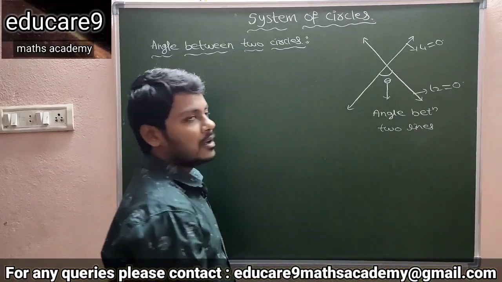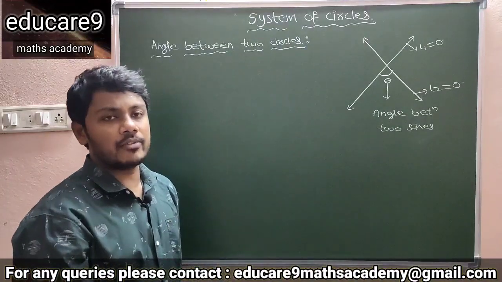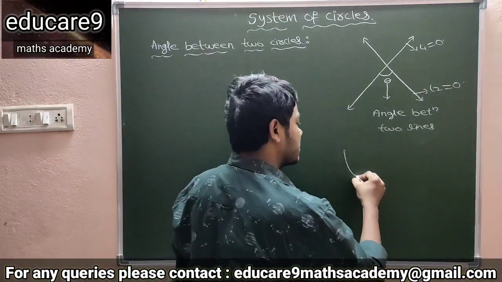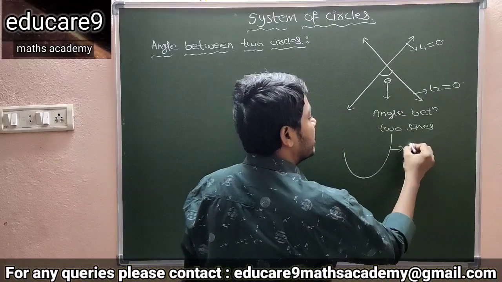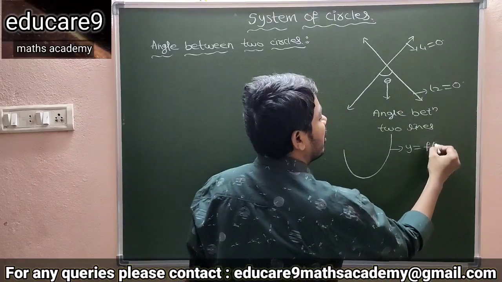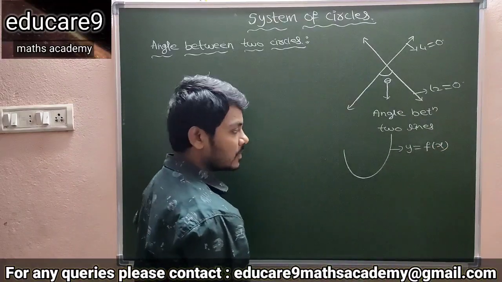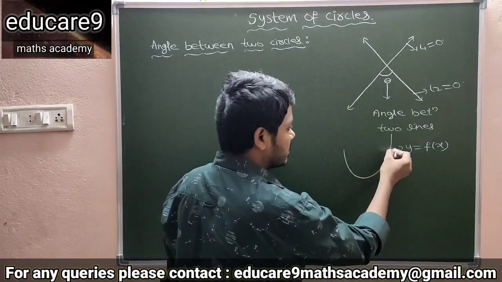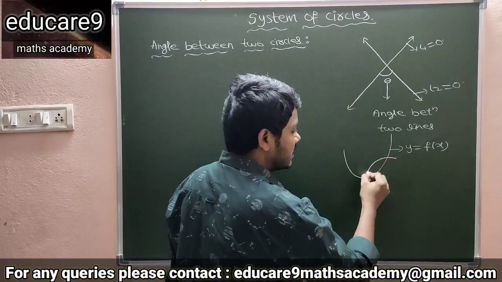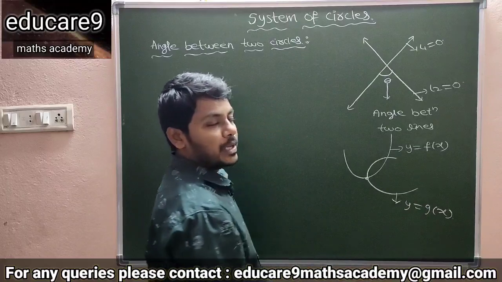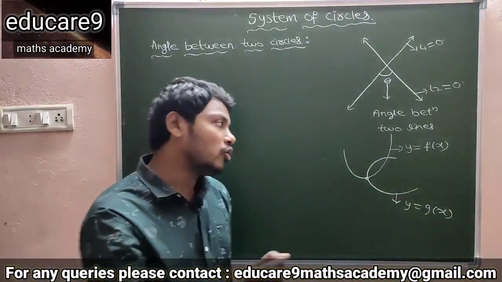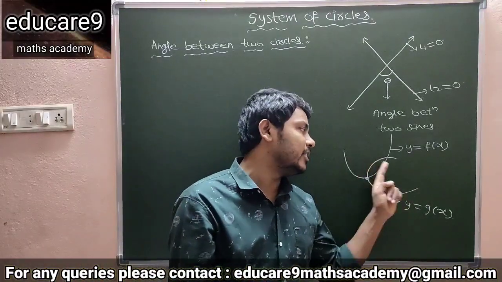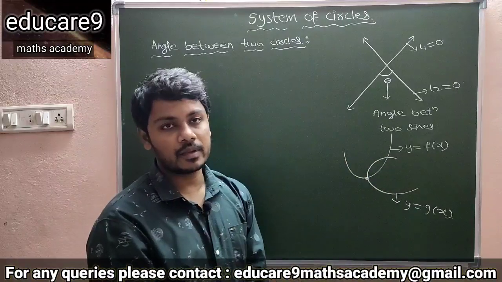For example, two curves are given. See here, this is the curve y equals f of x. Next, this is y equals g of x, any other curve. Then how to find the angle between these two curves?